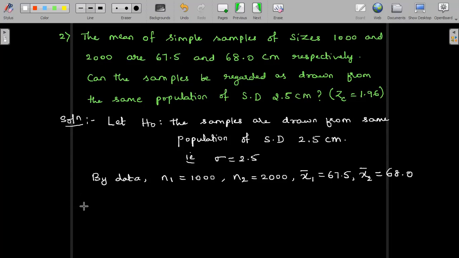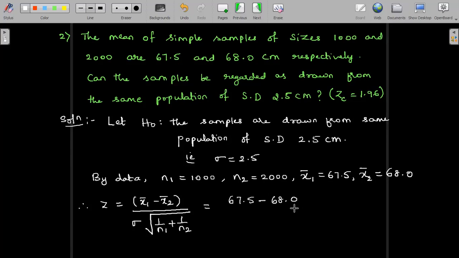So with all these values, we will substitute in the Z. So Z is given by x1 bar minus x2 bar, the whole divided by sigma into square root of 1 by n1 plus 1 by n2. Let us substitute all the known values. So it is 67.5 minus 68.0, the whole divided by sigma, 2.5.